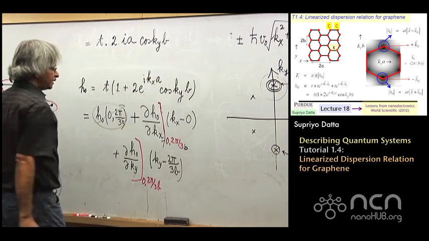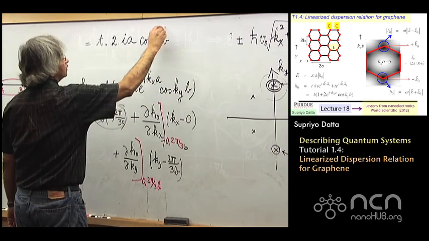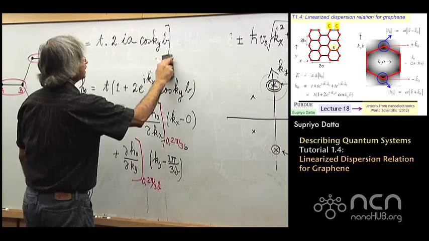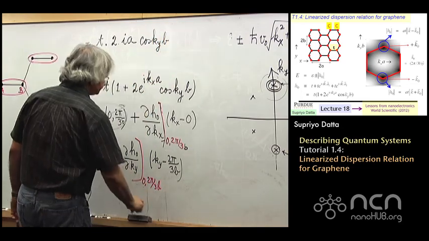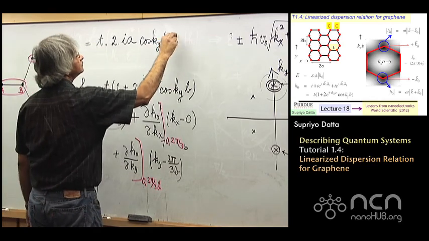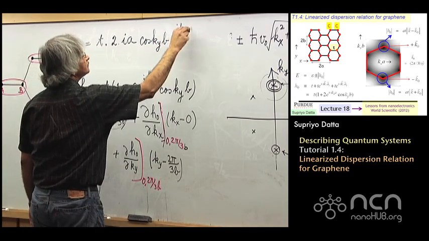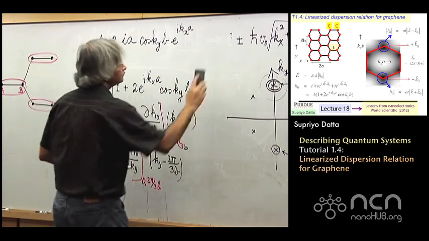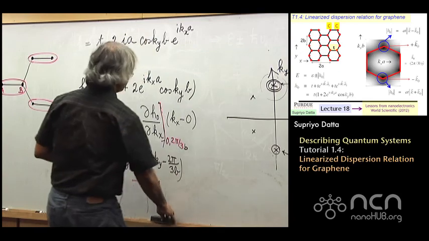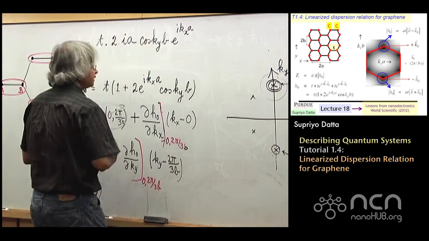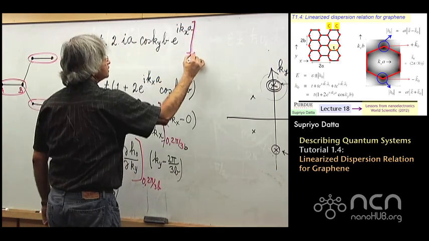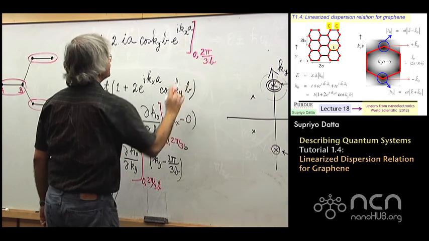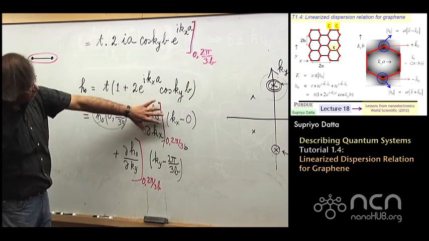That's it. And this has to be evaluated at, oh, I guess this times e to the power i kxa. And this whole thing has to be evaluated at 0, 2 pi over 3b. So that's this term.